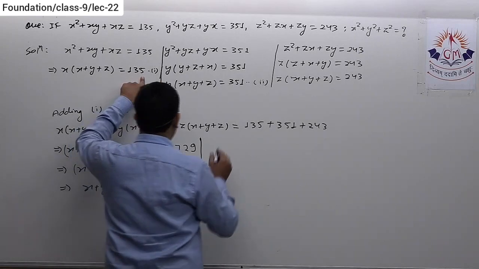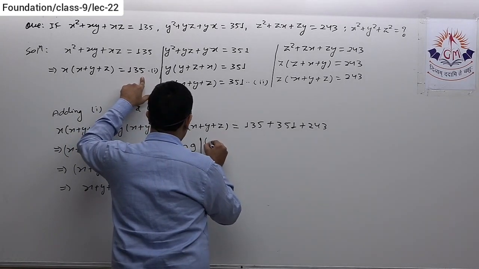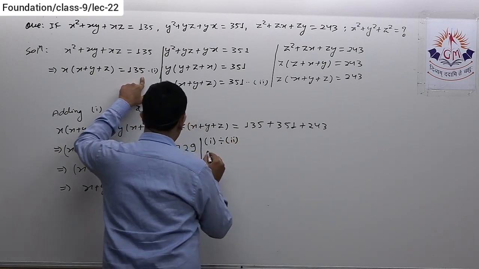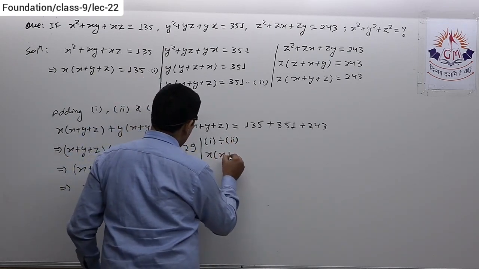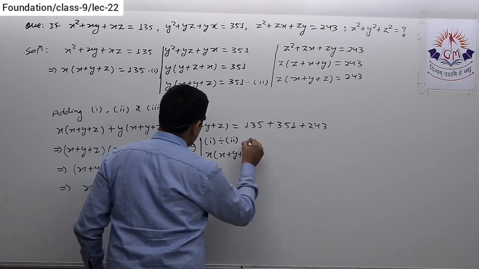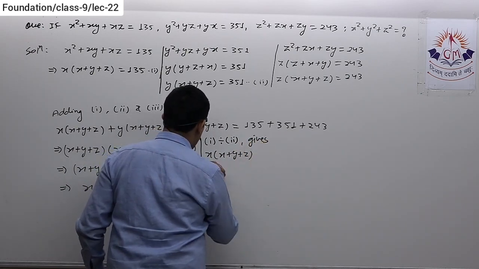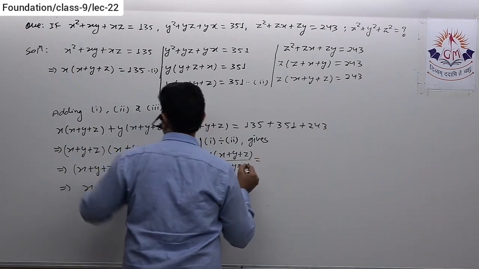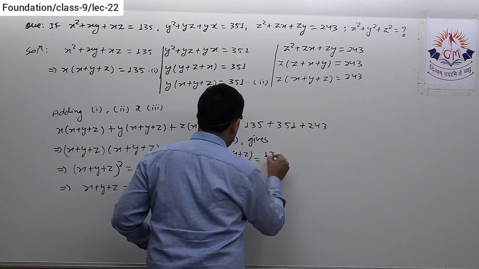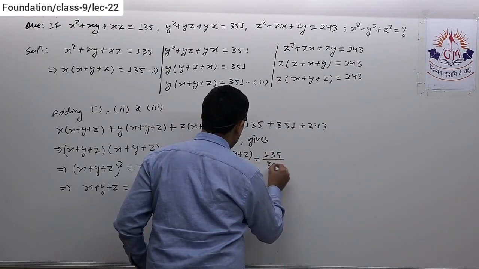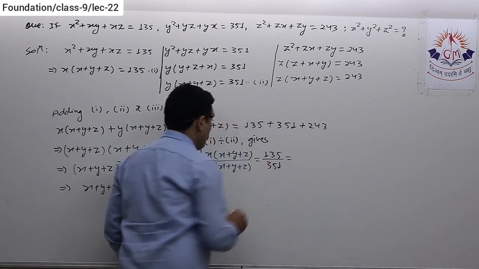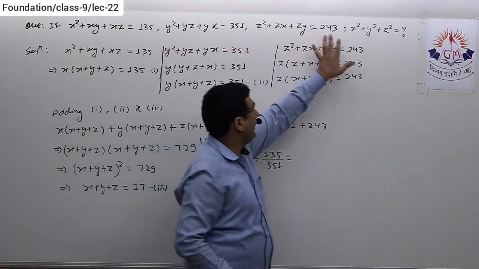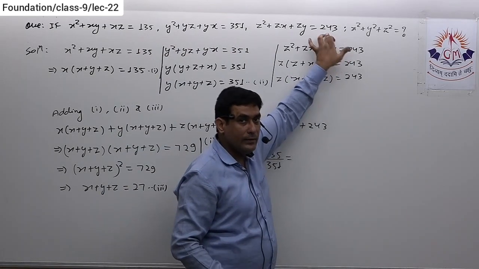So if I divide the first by the second, what will I get? x times (x plus y plus z) upon y times (x plus y plus z) is equal to 135 upon 351. Now if you observe, 135, 351 and 243 are all divisible by 9.